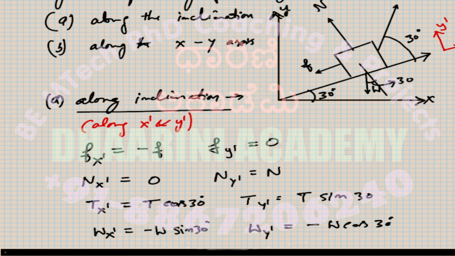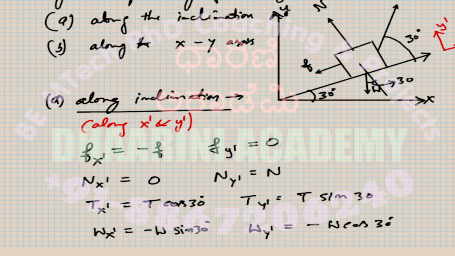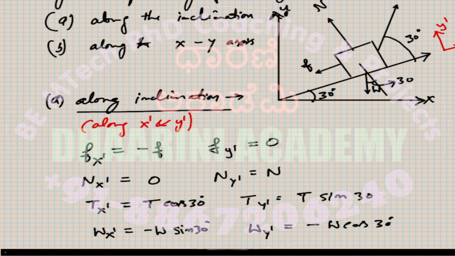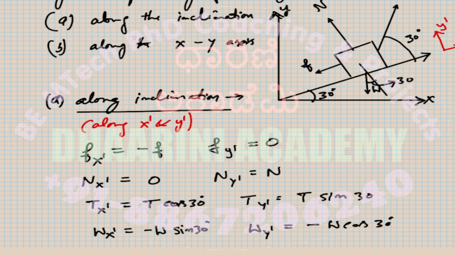So totally we have these four forces, and they can be resolved along x dash and y dash like this. So these are the answers for the first part of the question, that is, along the inclination.